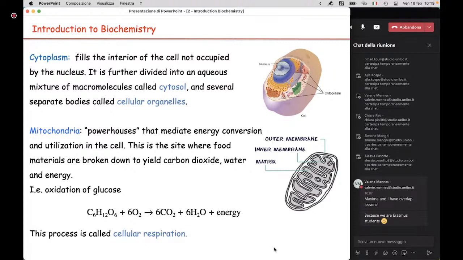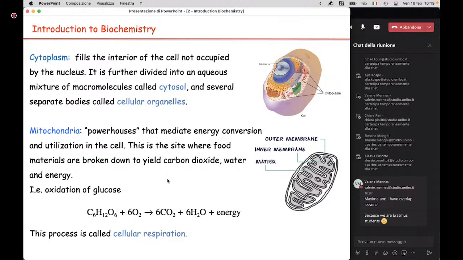And this is important because it is right in these wrinkles that the most important and fundamental function of mitochondria happens, which is the generation of energy.